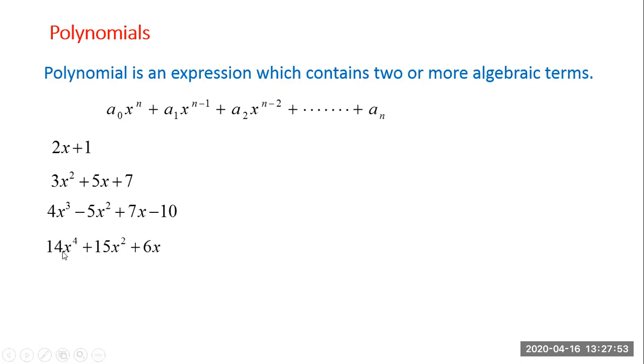So this is a polynomial of degree 4, and this is an example of a polynomial of degree 10. And a polynomial of degree 0 is just some constant.